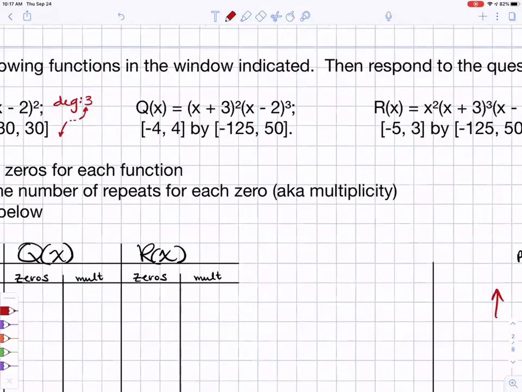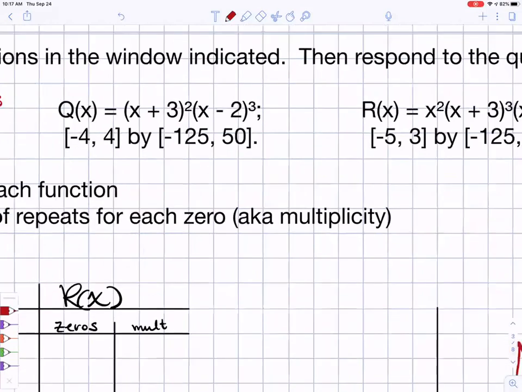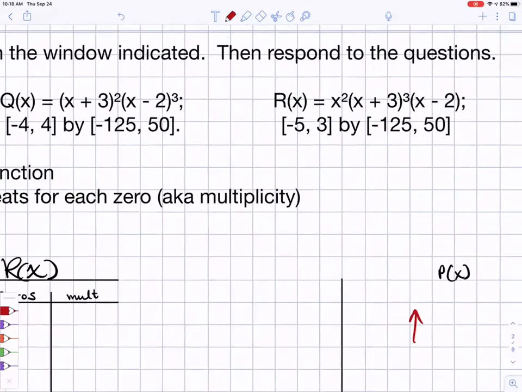All right, now, still not graphing. Let's go to Q of x. Okay, here's what I want to do. Let's divide and conquer here. I've got 2, 4, 6 in the room and 2 on Zoom. So Mary Alice, November, Dylan, I want you to take Q of x and do all of the same things that we just did with P of x. And joining you from Zoom, Justin, I want you to join those 3.